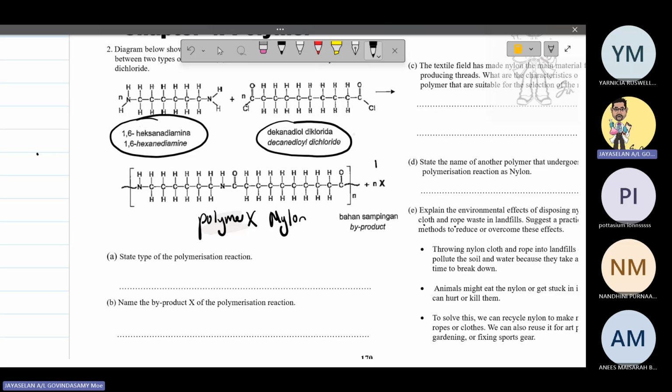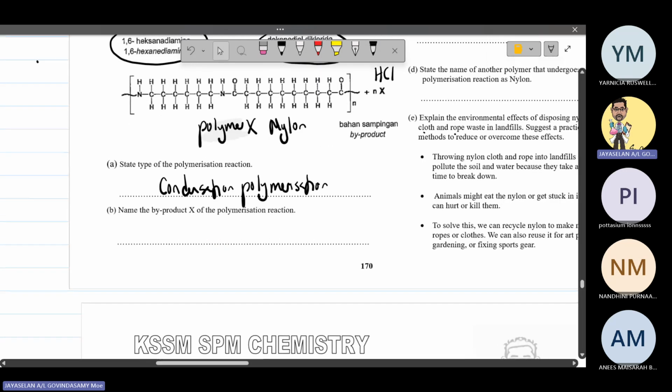Nylon. The small molecule is what? HCl, hydrogen chloride. So state the polymerization reaction. So you guys put this condensation polymerization. So 1 mark. Okay, then they show you what is the byproduct. You all write down hydrogen chloride.